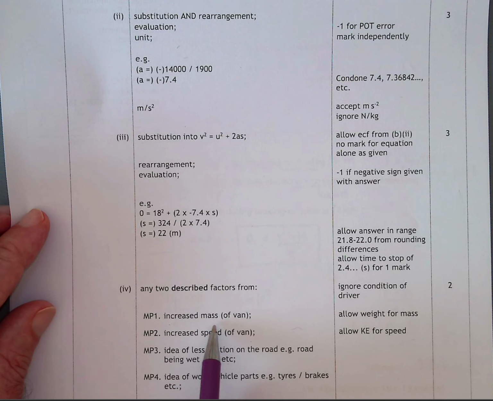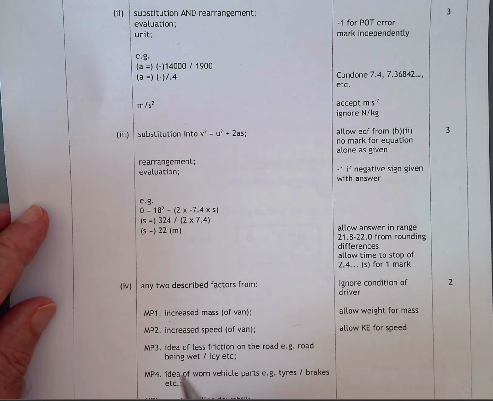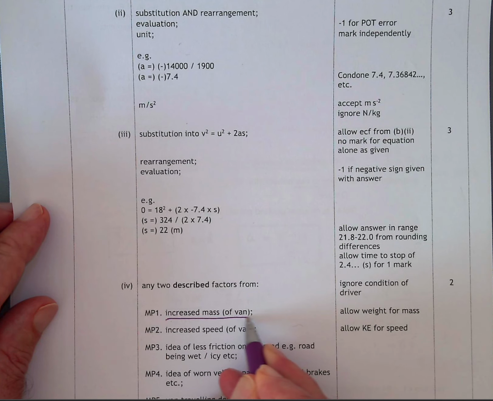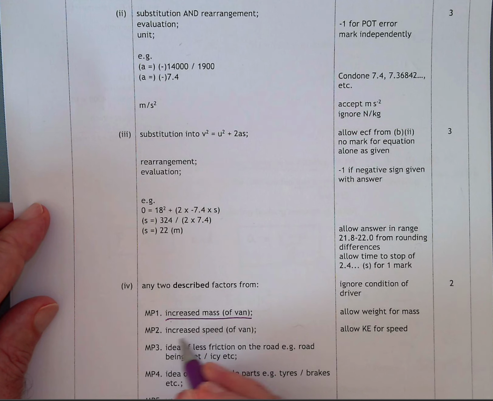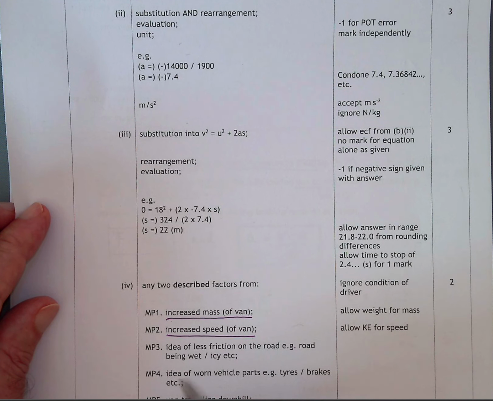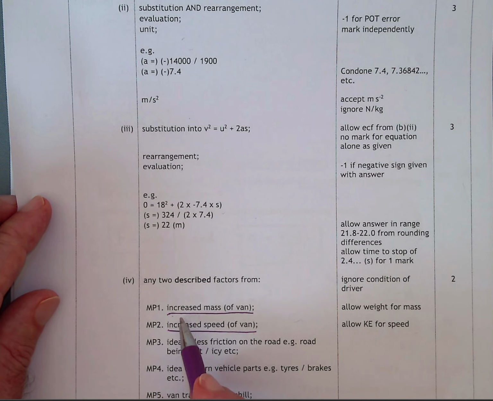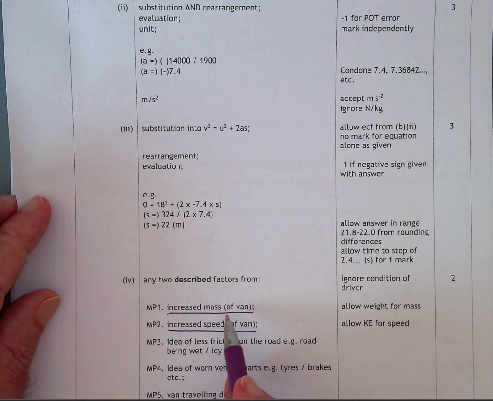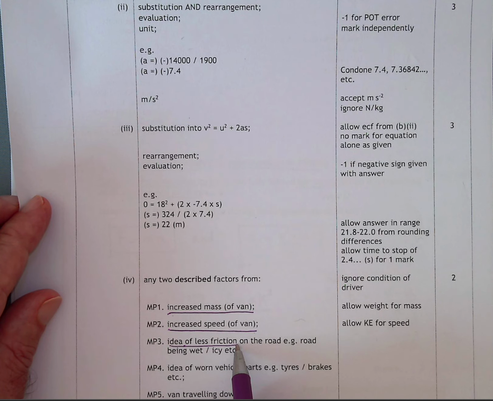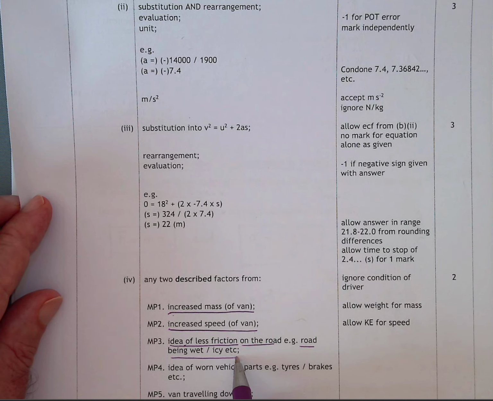Increased mass of the van will increase the braking distance. Increased speed of the van, so you can't just put speed, you need to put increased speed. The more mass, the more speed, it makes it more difficult to brake, therefore it will increase the braking distance. Less friction, you need to make sure you've explained that if there's less friction on the road, for example, the road may be wet or icy, so you can't just put condition of the road. What condition? You need to clarify it.